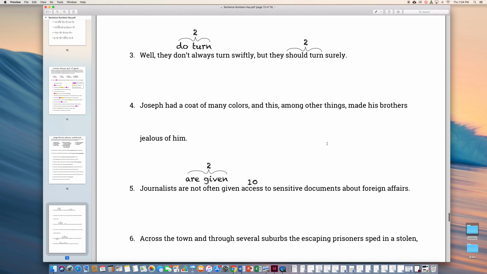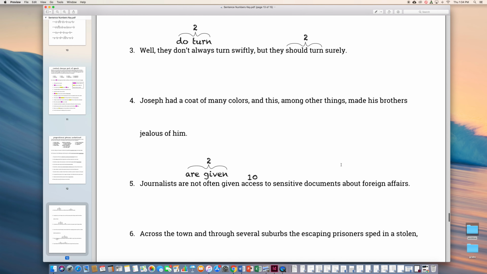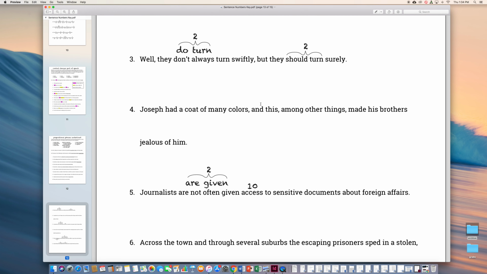All right. So a couple of tricky things about the jobs in a sentence part of this assignment. We have auxiliary verbs that are part of the simple predicate. Anytime you have auxiliary verbs that are working with an action verb, those are part of the simple predicate.